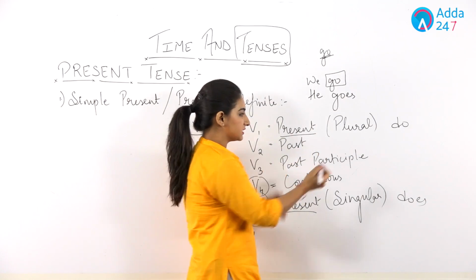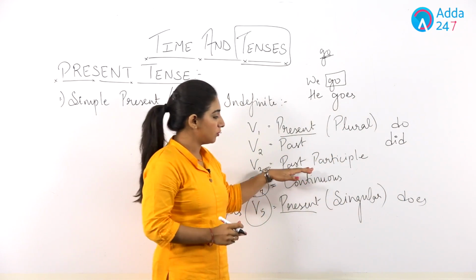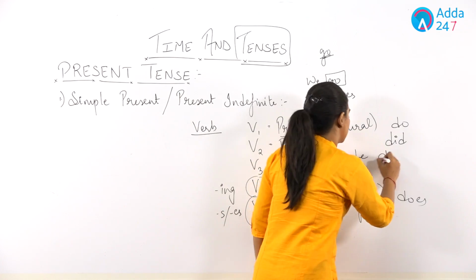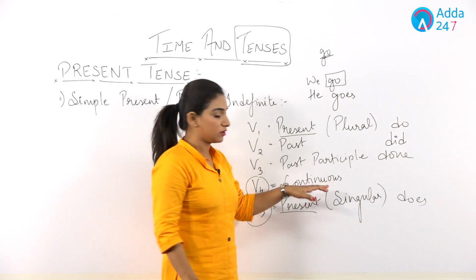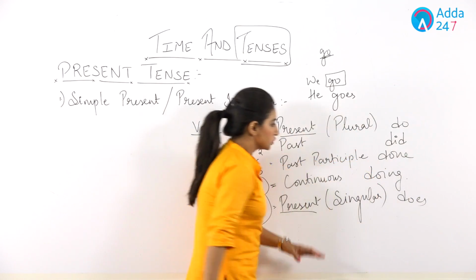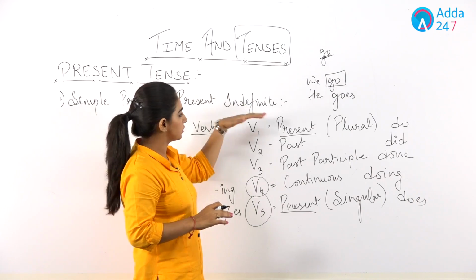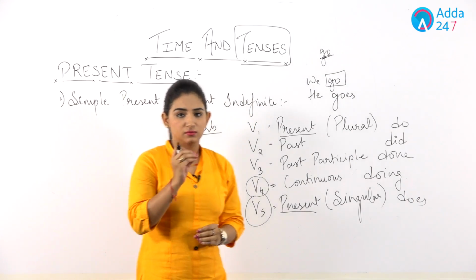If we talk about the past tense of do, it's did. If we talk about the past participle, it is done. And if we talk about the continuous tense, it says doing. Fine. So we will be using these forms of verb whenever we form a structure of any tense.